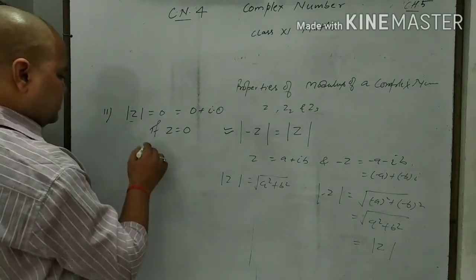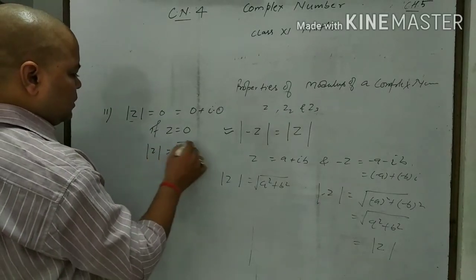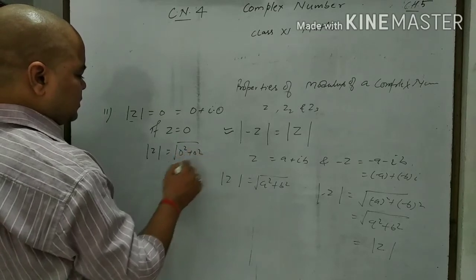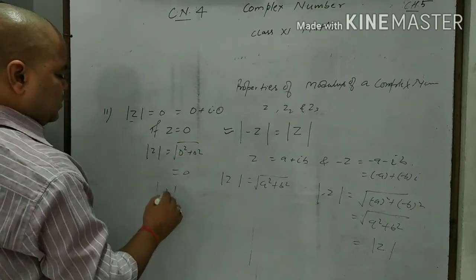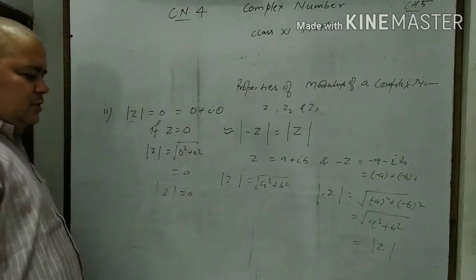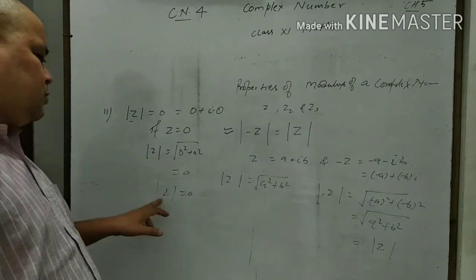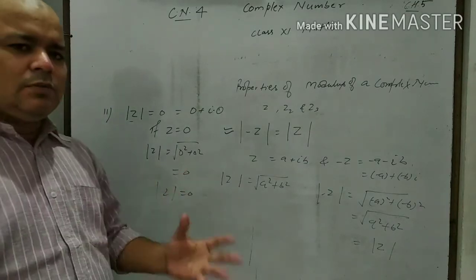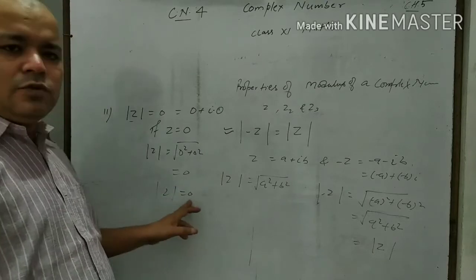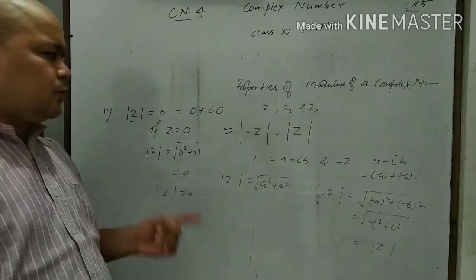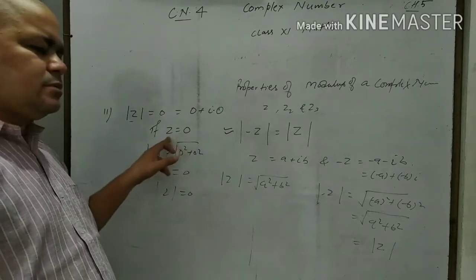Then if we find the modulus of z, it will be under root 0 square plus 0 square, which is equal to 0. And finally the modulus of z is equal to 0. It means the value of the modulus of a complex number is 0 only when the complex number is 0.